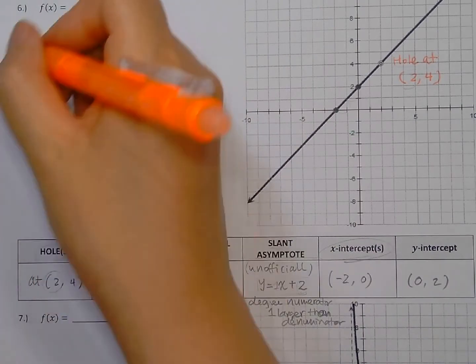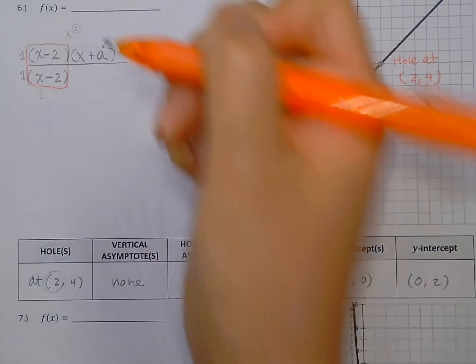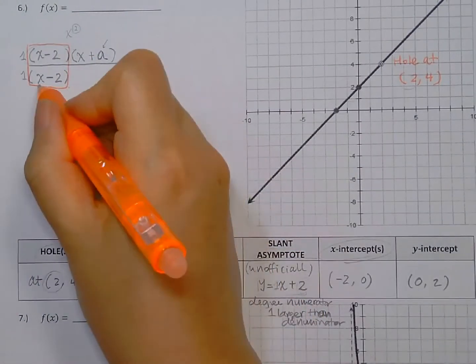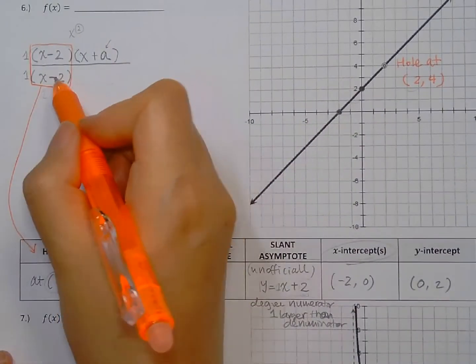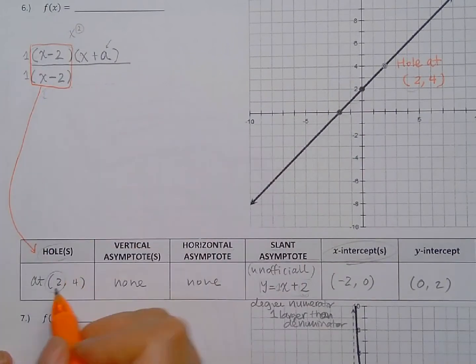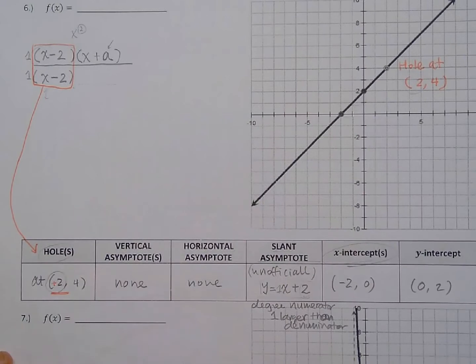So let's recap how we came up with these factors around here. These two factors, x minus 2 over x minus 2, were from where? The hole. But why specifically x minus 2? Because the x coordinate of the hole is a positive 2.